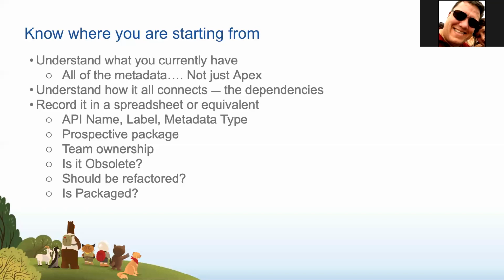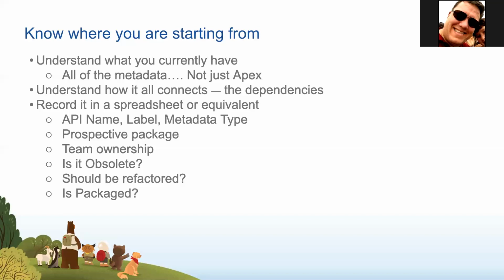Do you have a package that contains an sObject, a data object, and then does another package add a field on that sObject? So when this package B is deployed into the org, it adds a new field to that object. Well, how do you incorporate that new field into your queries that you might have lying around in your Apex classes?